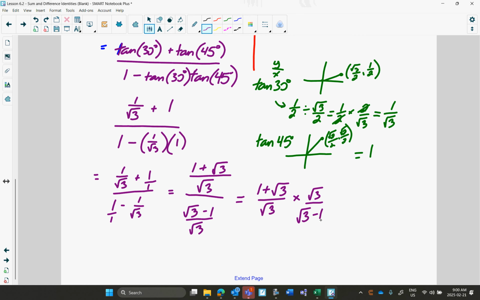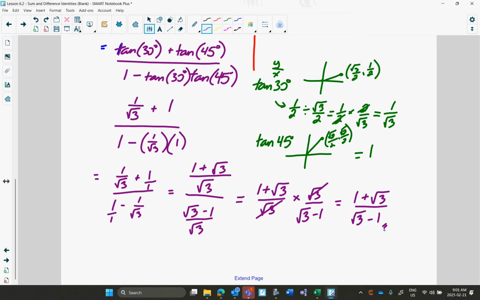The root 3s on the top and bottom cancel each other out to 1, left with that.